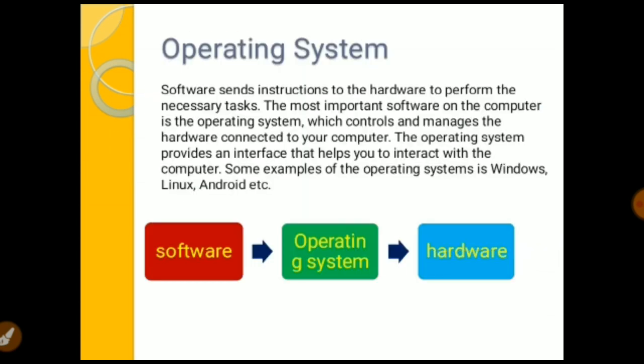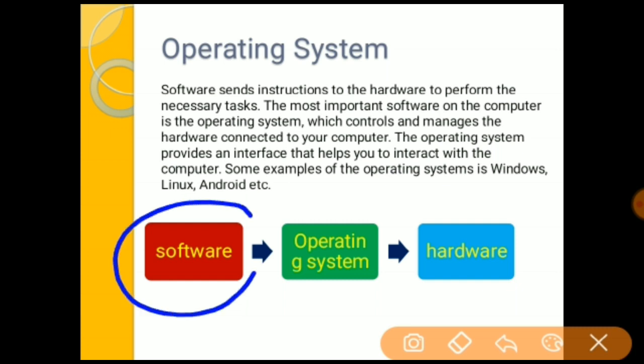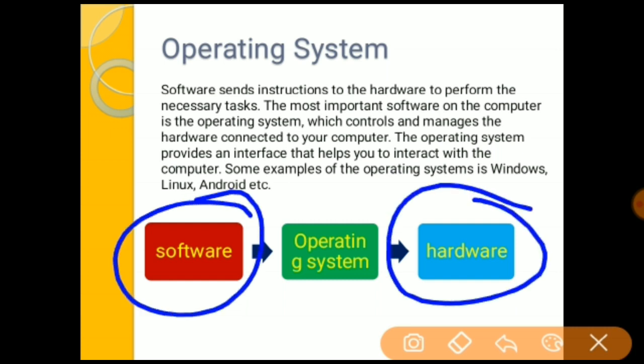Next is the operating system. What do you mean by operating system? Operating system means how to operate our system. To operate a particular system, we have to use one thing. Here you can see we have software and hardware, and both are connected with the operating system.